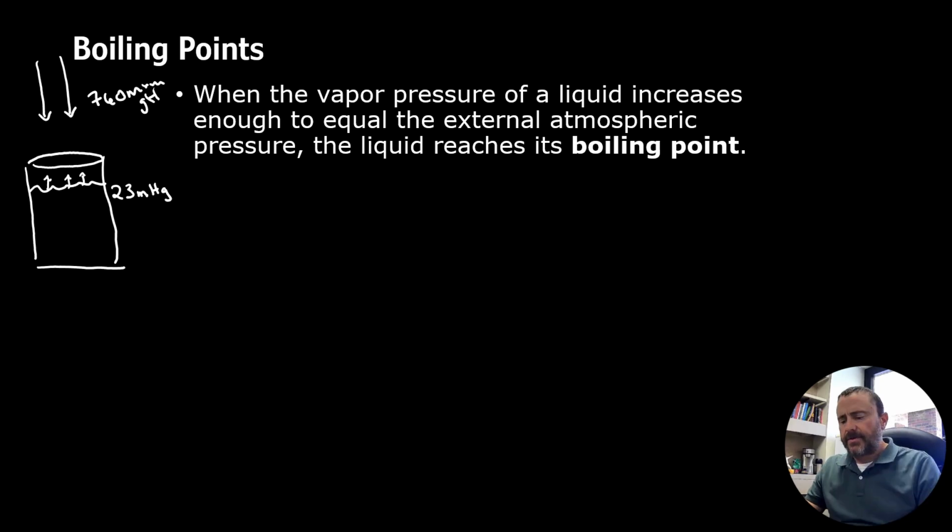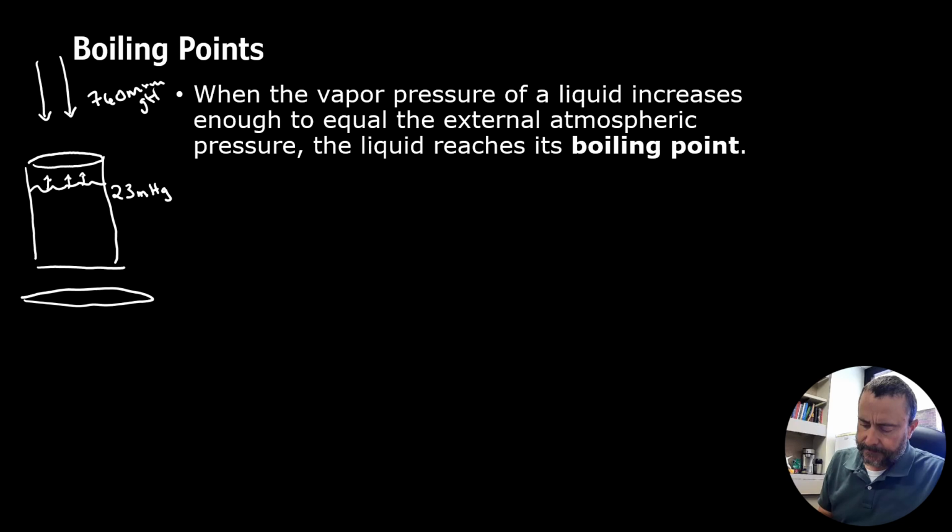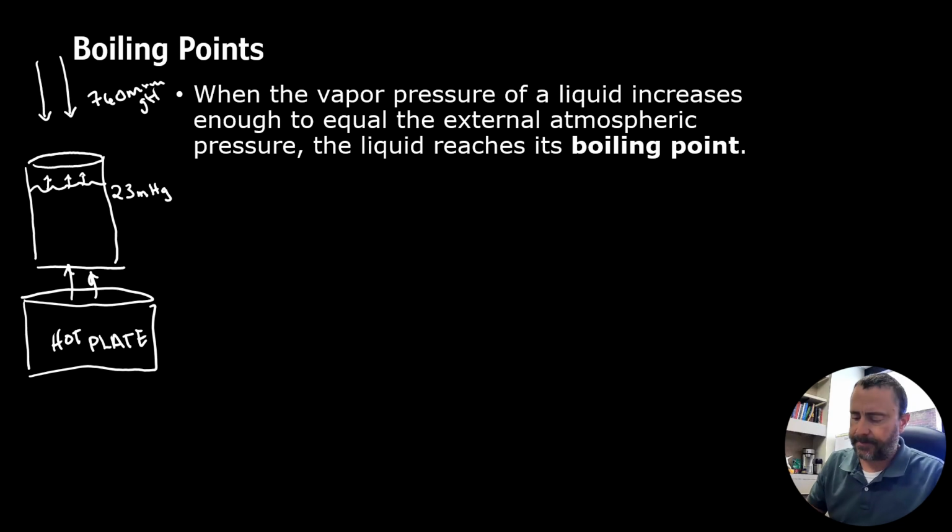Well, as you start increasing the temperature, if you put this on a hot plate, and as the temperature goes up, the vapor pressure goes up. So if you increase the temperature a little bit, maybe your vapor pressure goes up to like 50 millimeters of mercury.